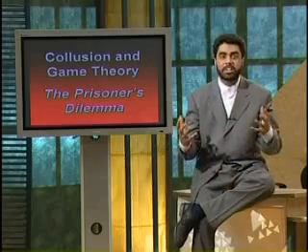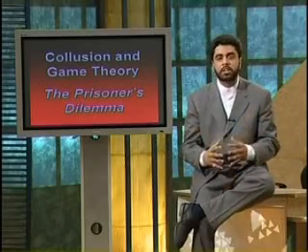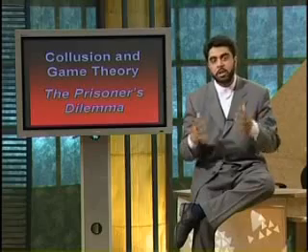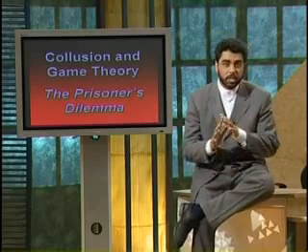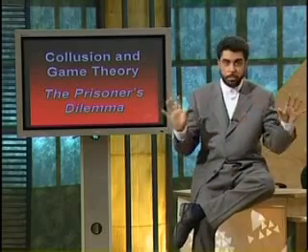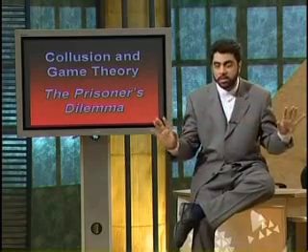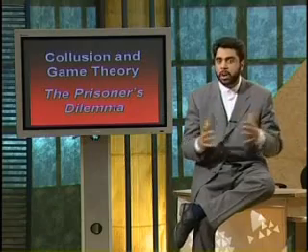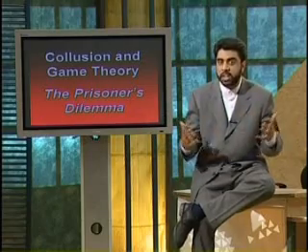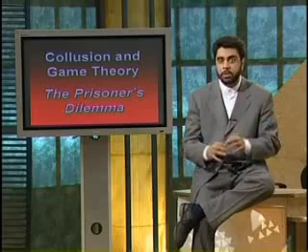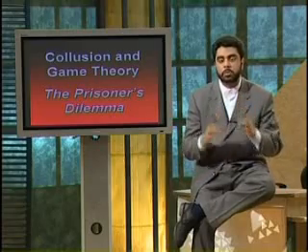So if they both confess and cooperate with the police, they will each get a punishment of 5 years. If they are in separate rooms and both of them do not confess, then the police has no evidence to keep them, and the police will let them go for free. So their punishment will be 0.